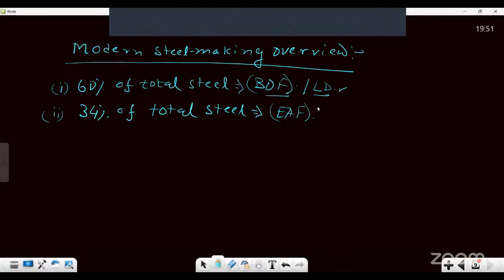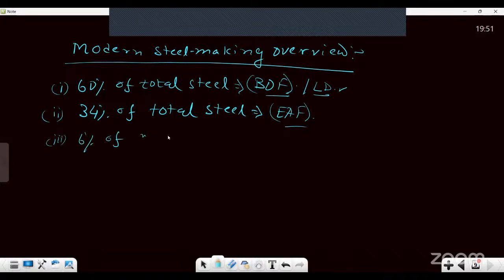Another problem with the electric arc furnace is that there has to be a continuous supply of electricity. From the name itself, electric arc furnace means there has to be a continuous, uninterrupted supply of electricity, so it is also very costly at times. And 6% comes from the induction furnace, open hearth furnace, and things like that.